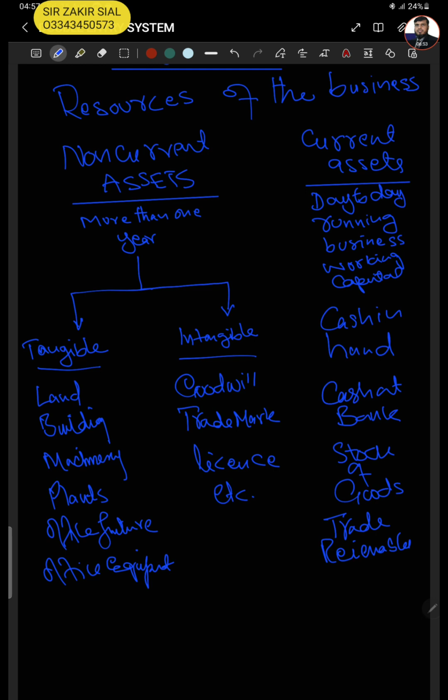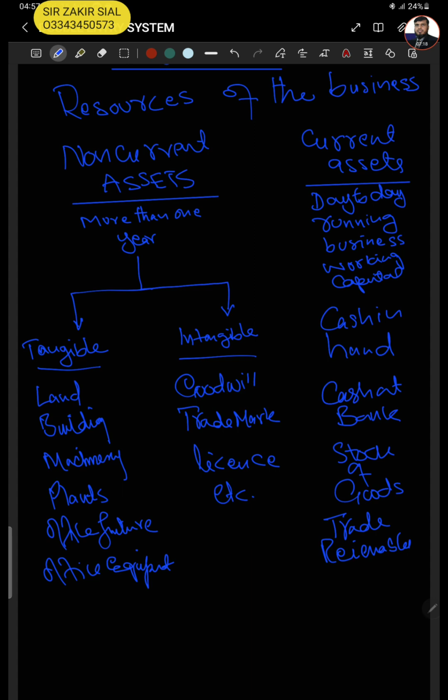We sold some goods or services and they promise to pay money in the later period. These amounts are receivable. So current assets are cash in hand, cash at bank, stock of goods, and trade receivables.